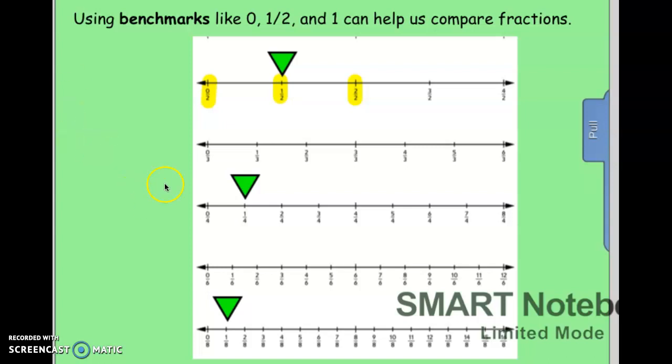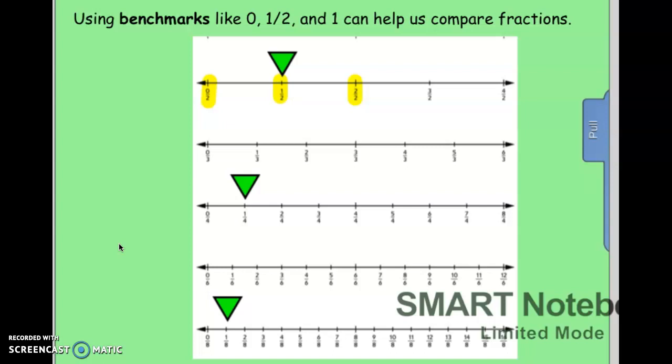How do the fractions 1/4 and 1/8 compare to 1/2? If we look at where all of our points are, we should be able to notice which fraction is closer to 0.